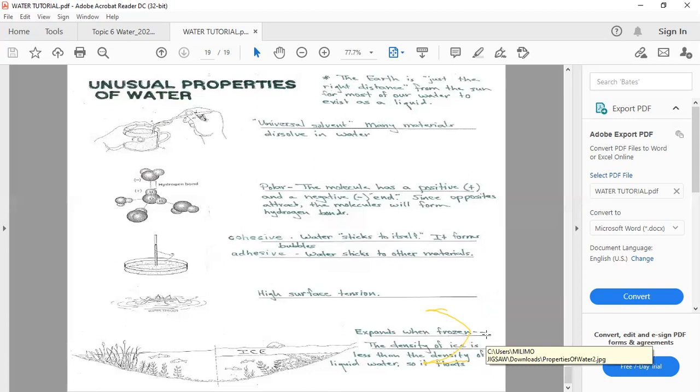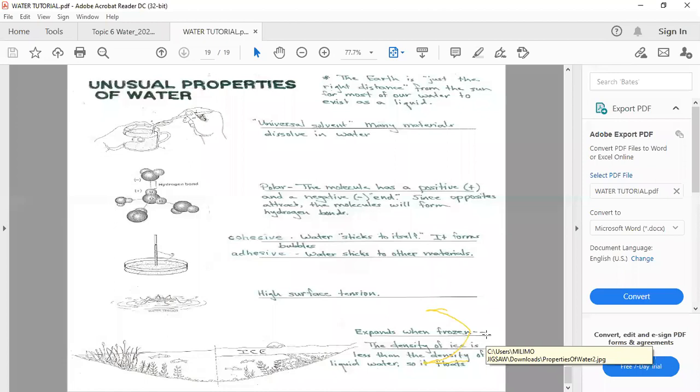We've said that water expands when frozen. Therefore, the density of ice is less than the density of liquid water, which leads to the ice floating, which explains aquatic life being able to survive in the ocean under the ice.